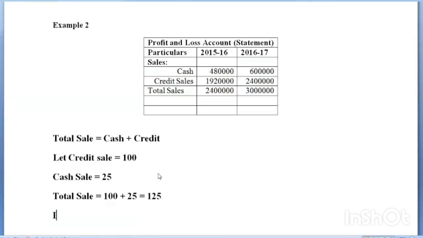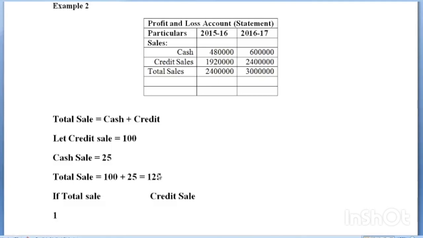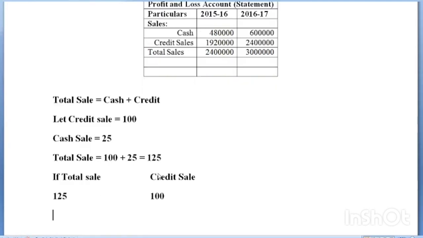If total sale is 125, then credit sale is 100. If total sale is 24 lakh, then what is your credit sale?